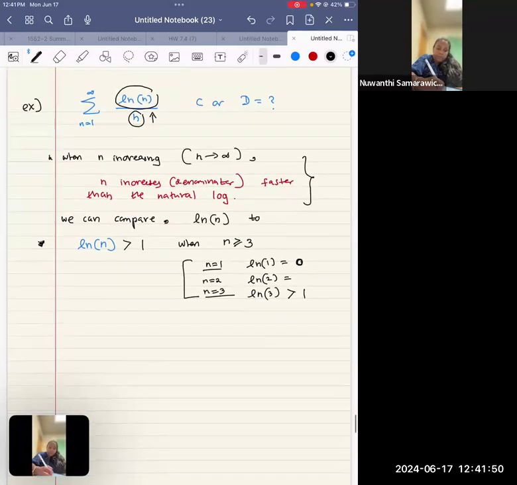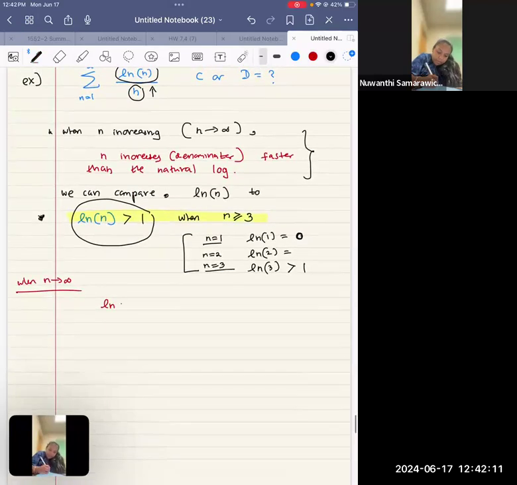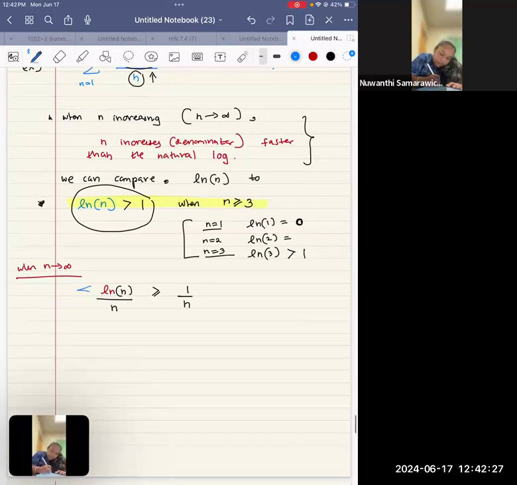So this idea we are going to use. When n is very large, we can use this inequality: as n goes to infinity, the natural log of n over n is greater than or equal to 1 over n. So we can now write this as a series.